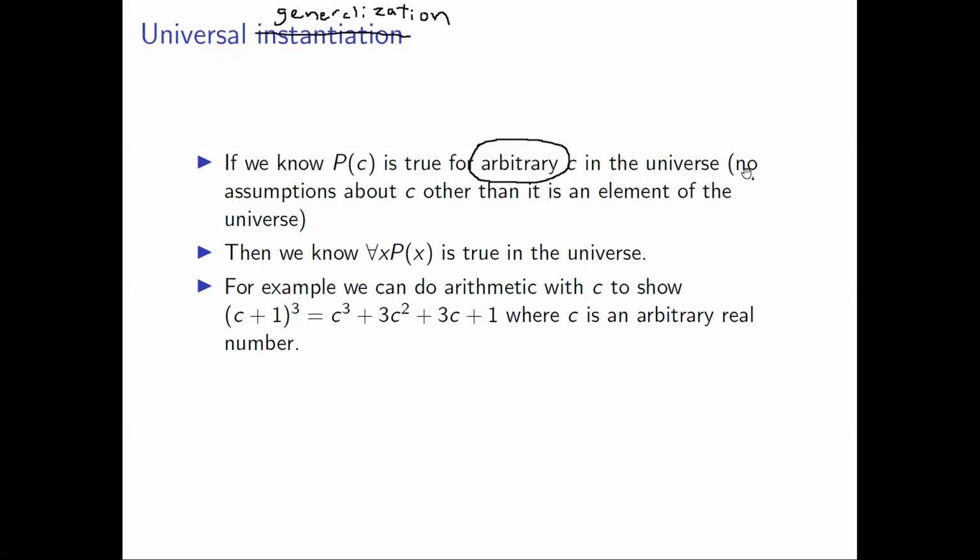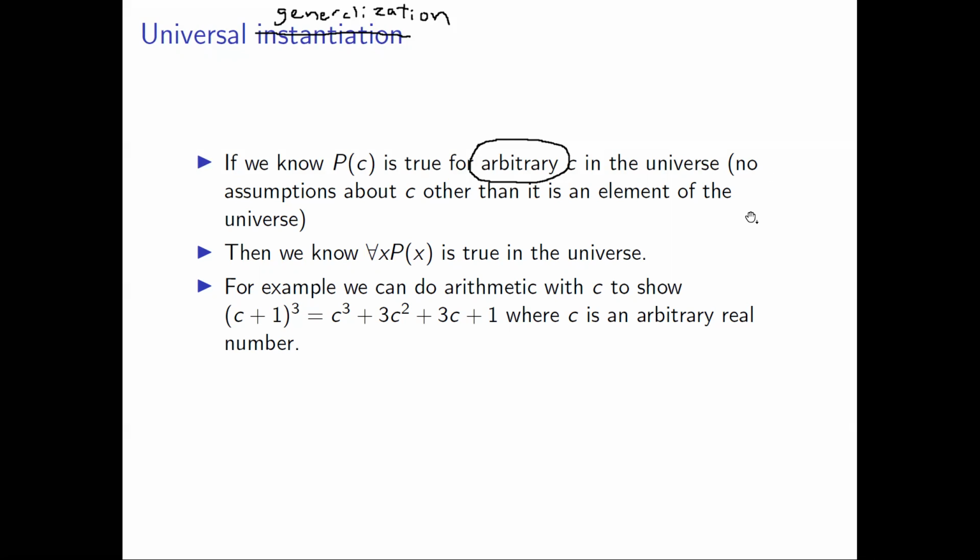So back in algebra, we did some expansion of polynomials. You can take some polynomial c plus 1 and raise it to the third power. And that gives you c cubed plus 3c squared plus 3c plus 1.